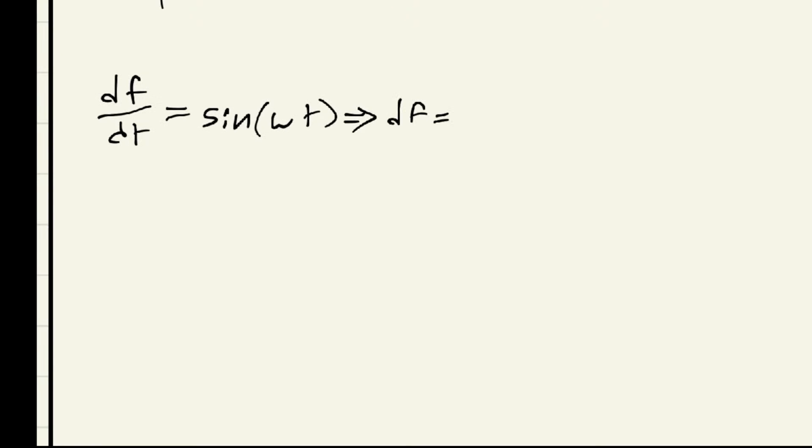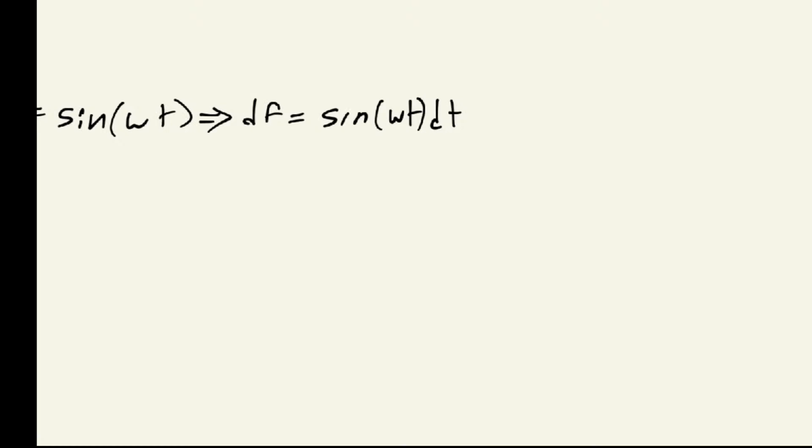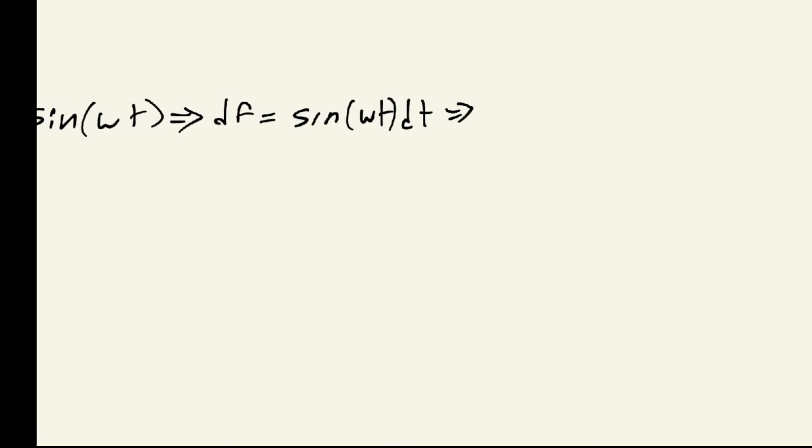What if I told you that the derivative of f with respect to time is sine omega t? Again, let's just bring the dt to the other side. So we'll have df equals sine omega t dt. And then to get rid of the dt's, we're going to take the integral of df, which is just f.